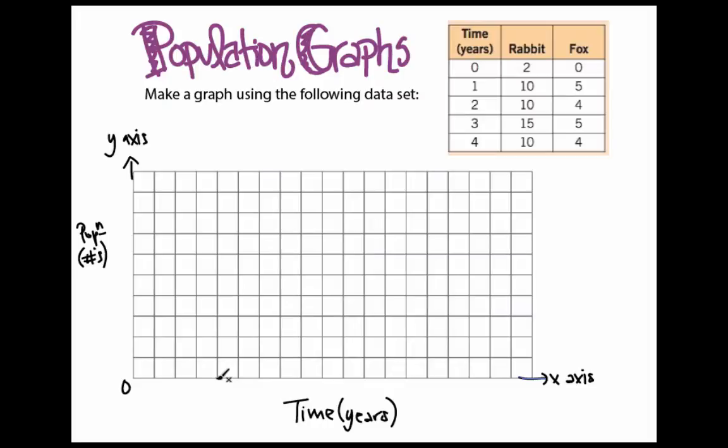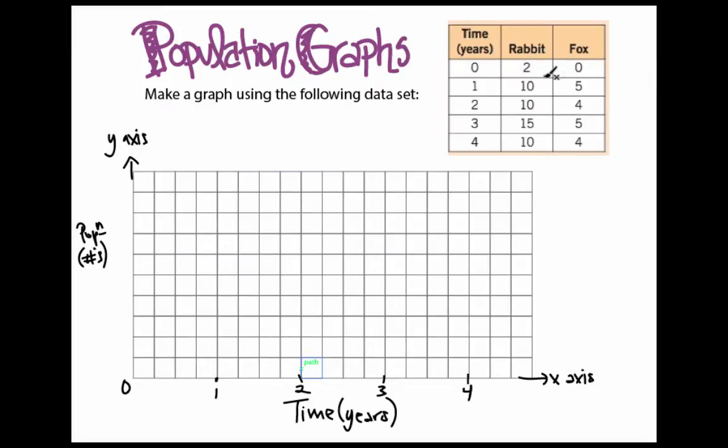So in this scenario here, I'm just going to go by 4s. That way this can be 1 year, 2, 3, 4.